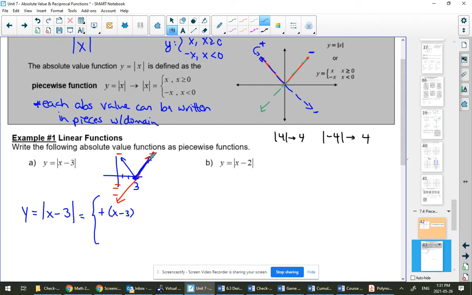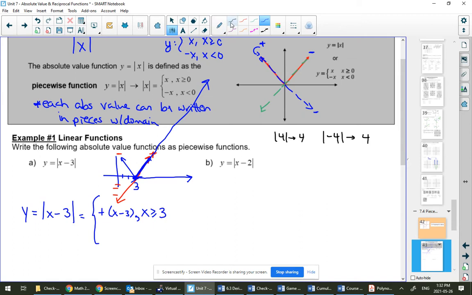This part of the graph is positive, and as this goes up and up and up, this is going over this way. So are my x values getting bigger or smaller? Bigger. So we write comma. So this is the positive case of x minus 3 such that x is greater than or equal to 3.